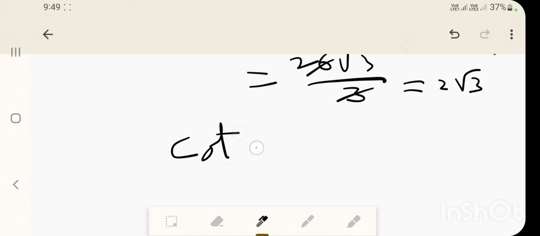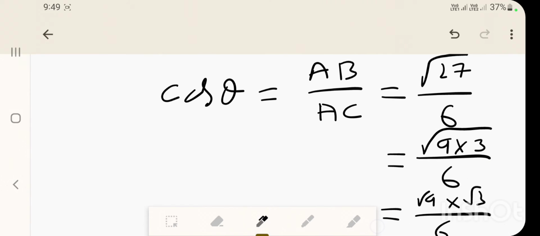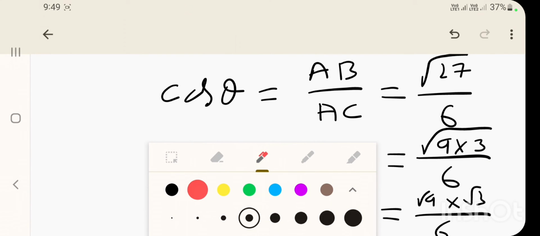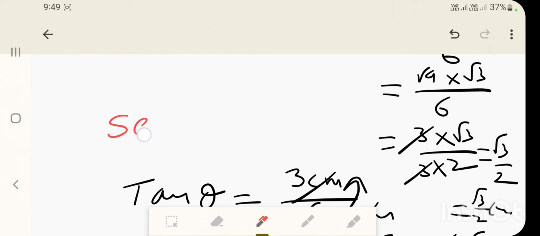Similarly, cot theta is nothing but the reciprocal of tan, that is 1 by 2 root 3. And if you want to find secant theta, how are you going to find it? Secant theta is nothing but the reciprocal of cos, that is 2 by root 3.